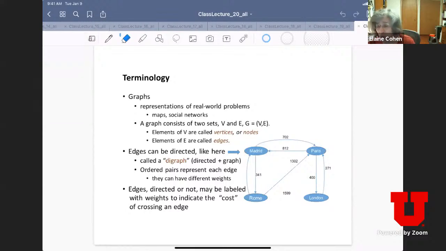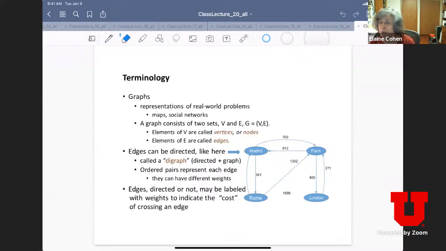Also, edges can have weights, even though they may not be directed. So if we're flying between Salt Lake City and New York, you may go there via Denver, say, and it might be a lot cheaper to fly from Salt Lake to New York via Denver.